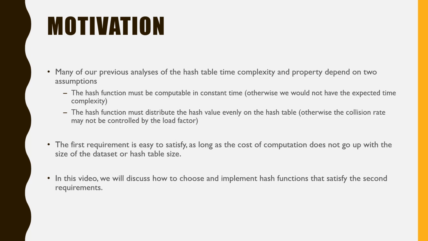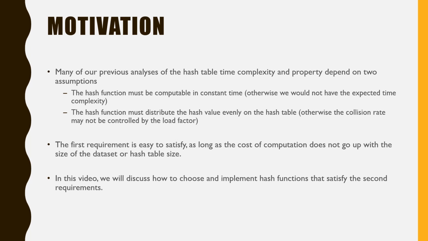As we have seen in the previous videos, the design of the hash function plays a central role in the hash table data structure. Specifically, the constant time insertion, deletion, and search of data elements from the hash table relies on two fundamental properties of the hash function. First, the hash function should be computable in constant time.